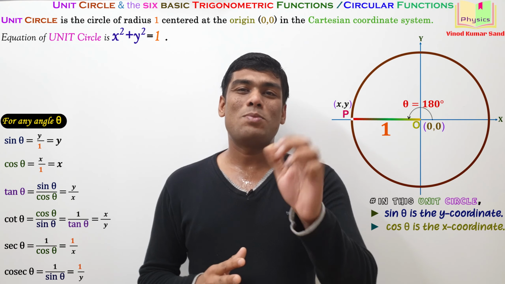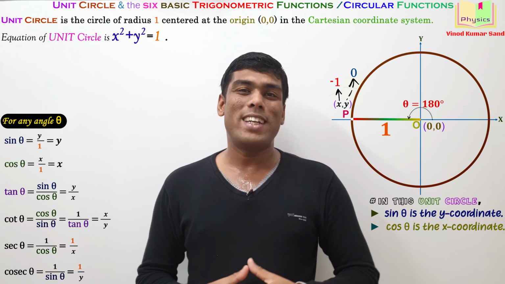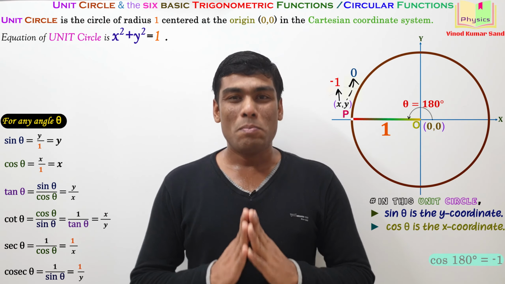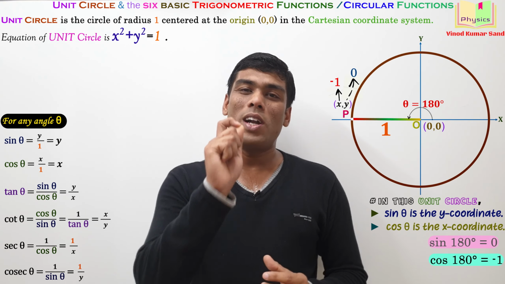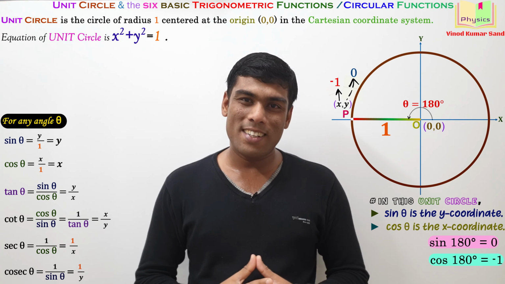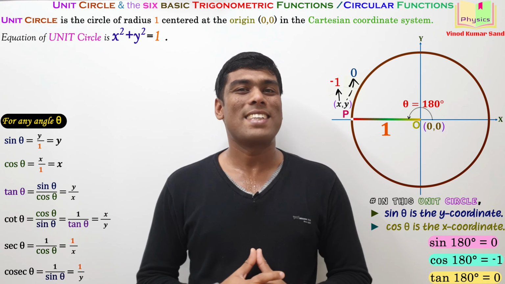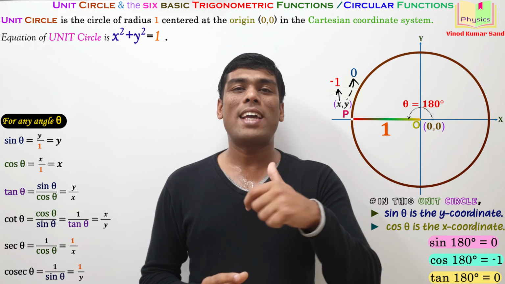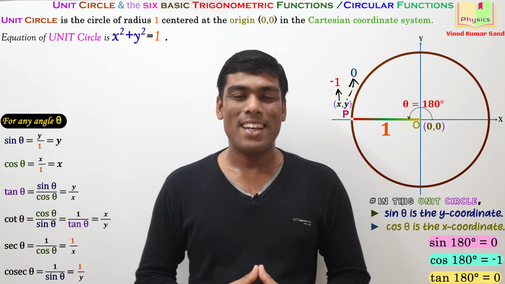The x coordinate is -1 and the y coordinate is 0. It means the cos 180 degree will be equal to -1. And the sin 180 degree will be equal to 0 because the y coordinate is 0. Okay, see how easy the things are if we define the trigonometric functions using this unit circle.